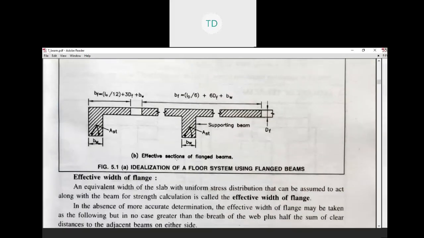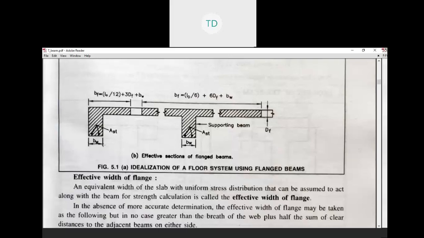Let us discuss some other sections of flanged beam. Here is the formula to get the dimension of the slab which is considered in a beam: BF is equal to L0 divided by 12 plus 3DF plus BW.